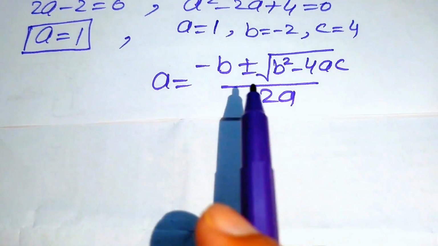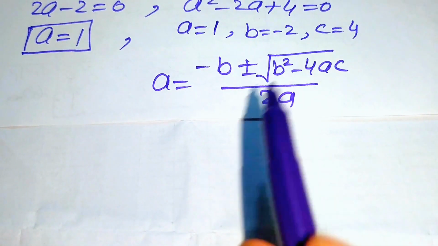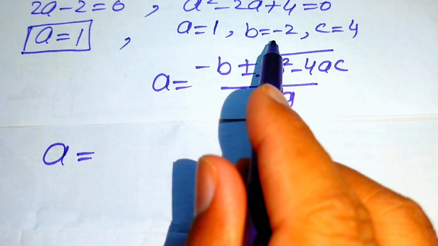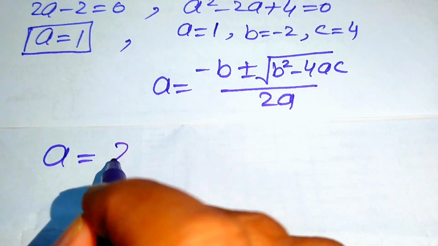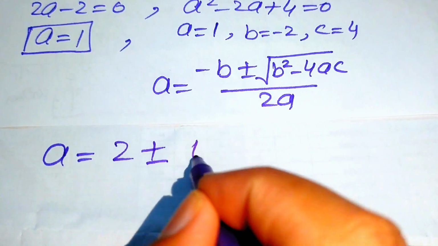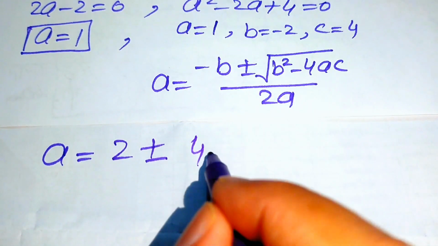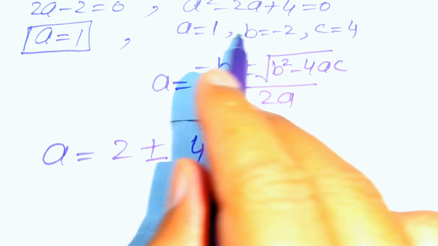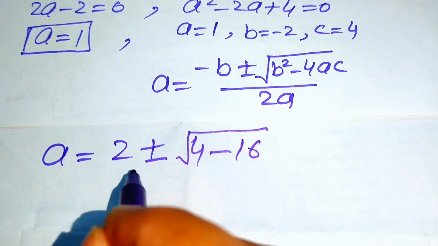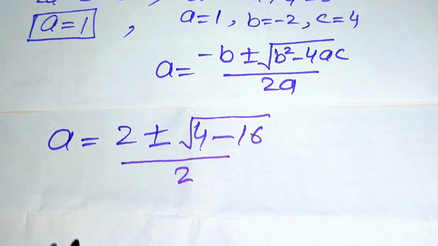So now we substitute all these values of a, b, and c in this formula, and it becomes a equals to minus b, and the value of b is minus 2, so it becomes plus 2 plus minus square root of b squared. So b is minus 2, and minus 2 square is 4, and minus 4 times ac. A is 1 and c is 4. So 4 times 4 is 16, square root over 2.